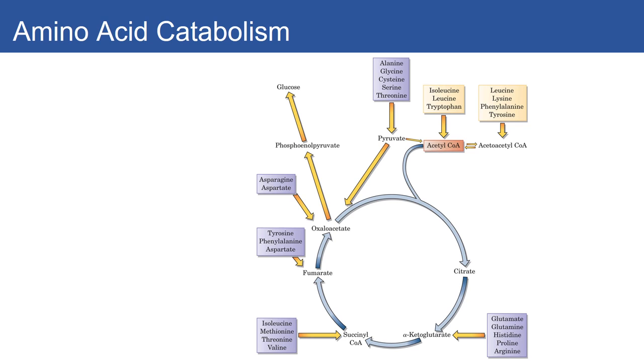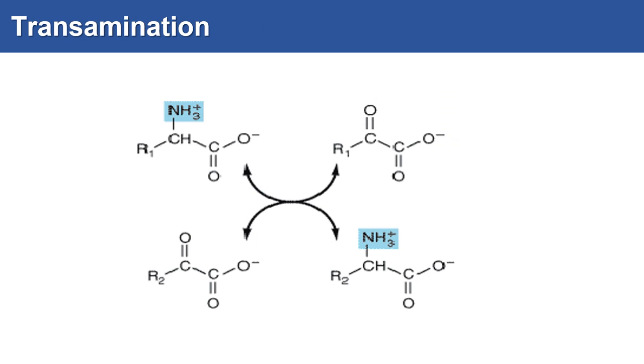The amino group has to be removed, and that's how this occurs. So basically you get a deamination of the amino acid, and you have your carbon skeleton that allows you to enter the citric acid cycle. That happens by transamination, which interconverts pairs of alpha amino acids and alpha keto acids.